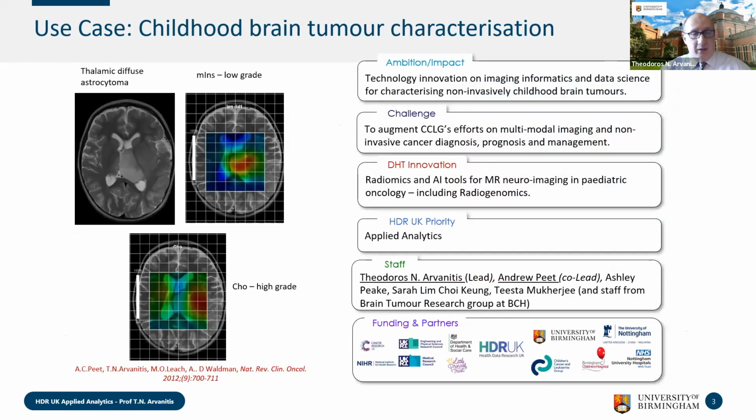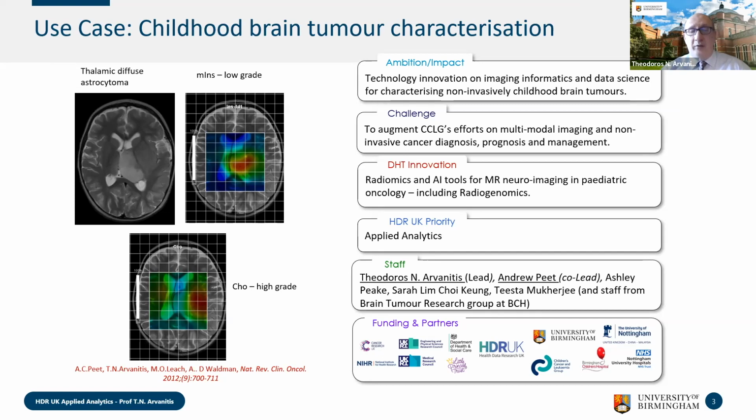The use case I'm going to give today relates to the characterization of childhood brain tumors through what we call multimodal functional imaging approaches. In this area of research, the challenge was to innovate in terms of technology on imaging informatics and data science so that we can non-invasively provide diagnosis, prognosis, but also insights into the management of children with brain tumors.